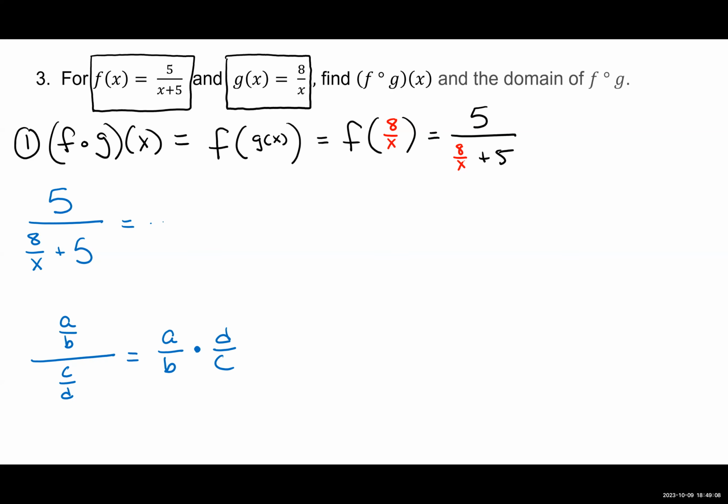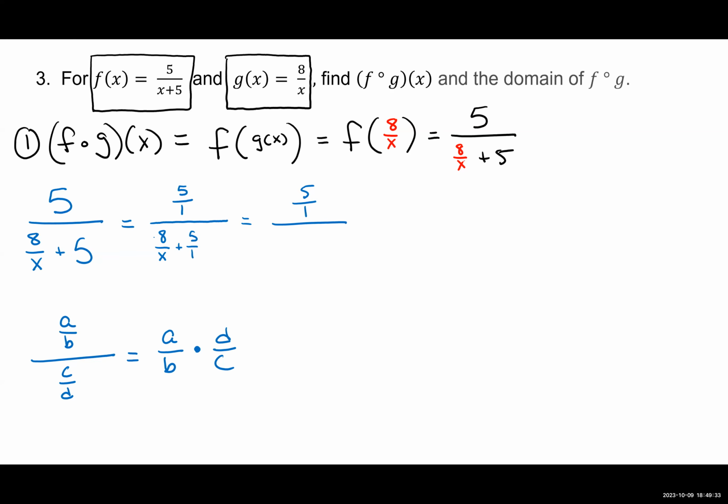Now, single fraction on top is no problem because you could take the number 5 and write it as 5 over 1. So now we've got a fraction on top. But on the bottom, we've got 8 over x plus 5, which I could write as 5 over 1. Right? So you're good on top.